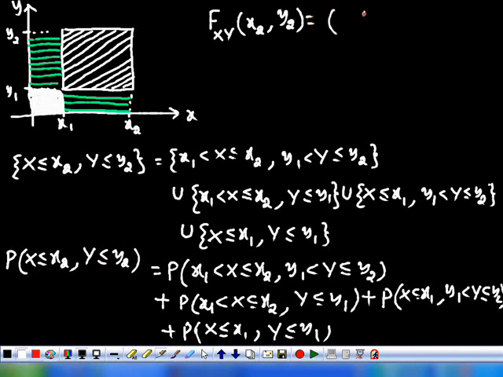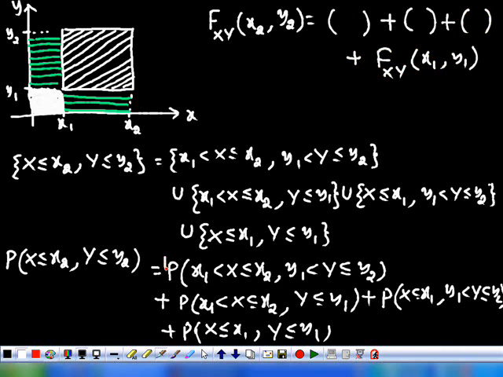And we have one term here plus another term, third term, and what is the last term? Here we have to find the first term. The first term is the required one, that is the probability of x lying in between x1 and x2, y lying in between y1 and y2. Can you complete this derivation?